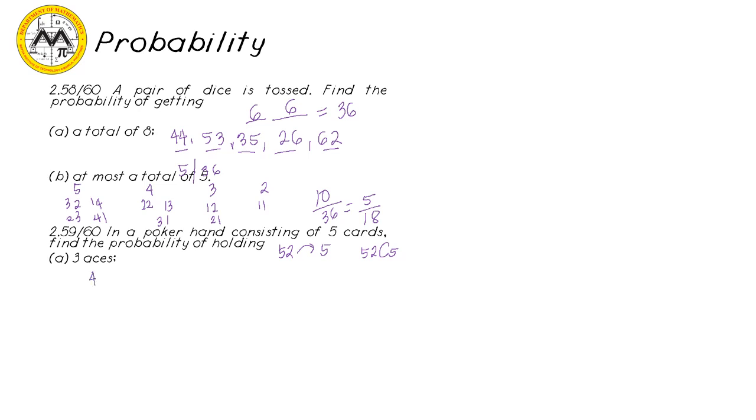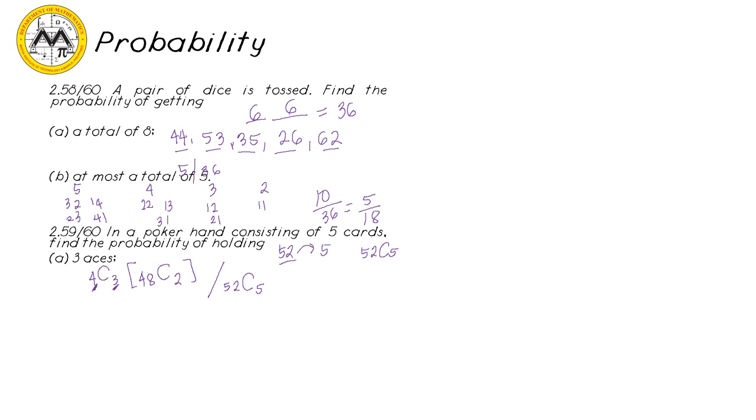We have 4 aces and we're going to select 3. Since we need 5 cards, we're going to get the rest from the non-aces. We have 52 cards, but we've identified that we will be taking only 3 aces, so for the non-aces we have 48, and we select 2 more, divided by 52 combination 5.